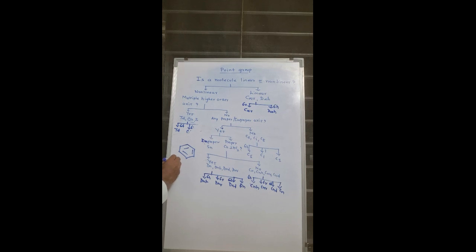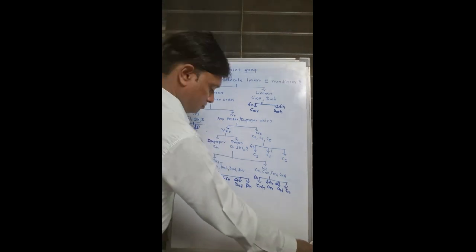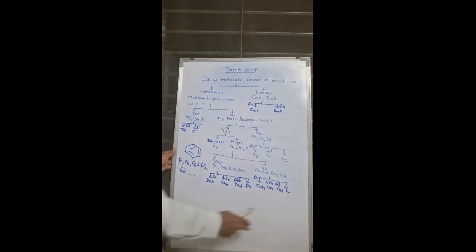This molecule consists of E, C6, C6 perpendicular to 6C2, and sigma H symmetry elements, etc. According to this chart, first of all we have to ask: is the molecule linear or non-linear?